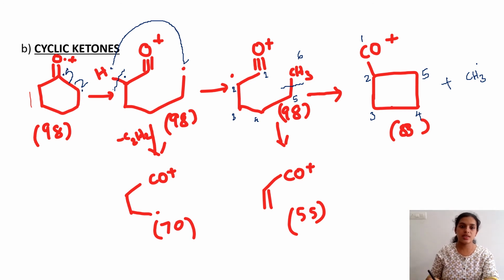Now see from here, suppose this doesn't take place, another possibility is to eliminate an ethylene molecule like this. Then here there will be a dot, and this is CH.